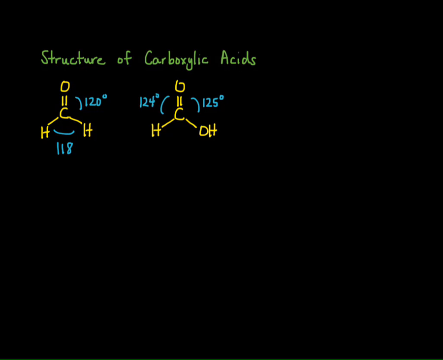And on the other side, the bond angle between the hydrogen-carbon-hydrogen bond is 124. So again, still just a little bit wider, but not by much, which means that the hydrogen-carbon-oxygen bond at the bottom is a little bit smaller at 111 degrees.